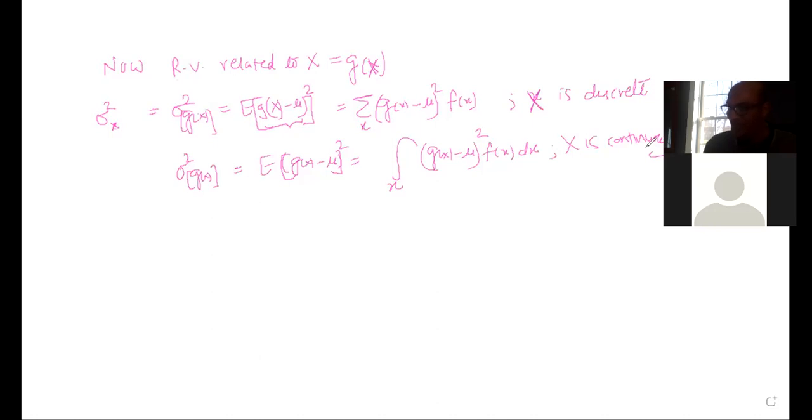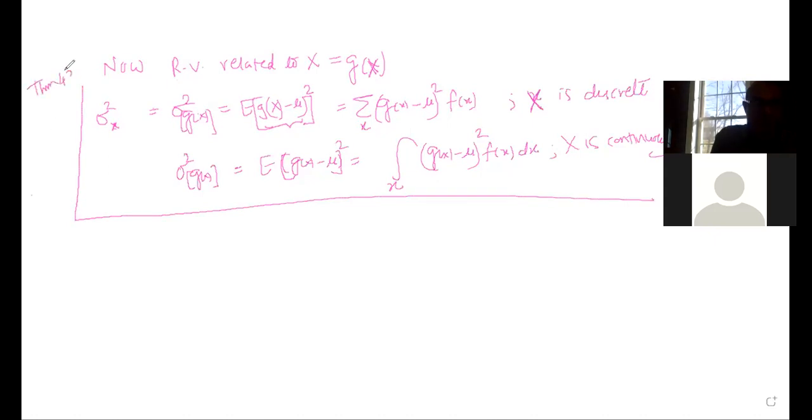So let me give you a couple of examples here. My first example is based on these two definitions. This is the definition, or you can say theorem number 4.3 in your book. Okay, so my next example is example number 4.11.